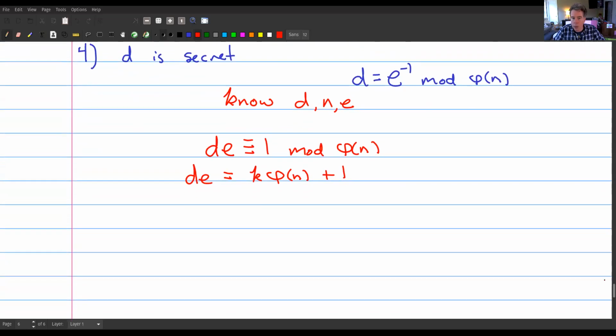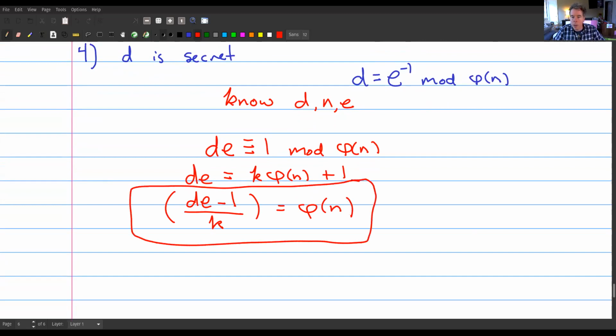Now we're going to try to solve for phi of n here. So we can do de minus 1 divided by k is equal to phi of n. Okay, all right. We can use this equation to figure out what phi of n is. And the reason we can do it is just because k is usually actually a pretty small number.